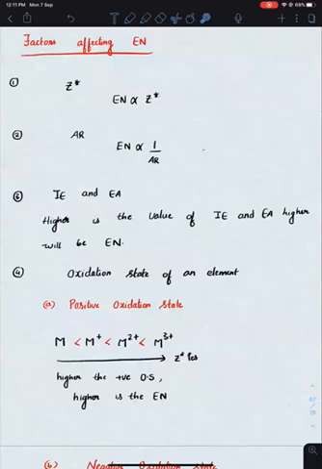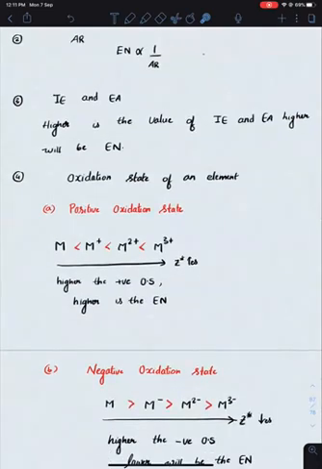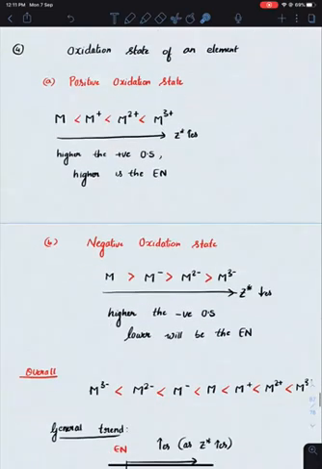Electronegativity on the Mulliken scale is equal to IE plus EA upon 2. It has a direct relation with ionization energy and electron affinity. The higher the values of IE and EA, the higher the electronegativity. Based on oxidation state, if the positive oxidation state increases, the Z star increases or the electronegativity increases. If the negative oxidation state increases, the Z star decreases or the electronegativity decreases.